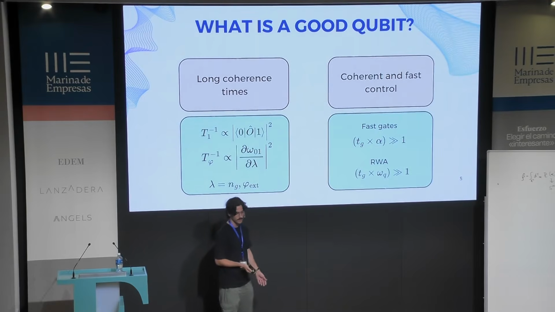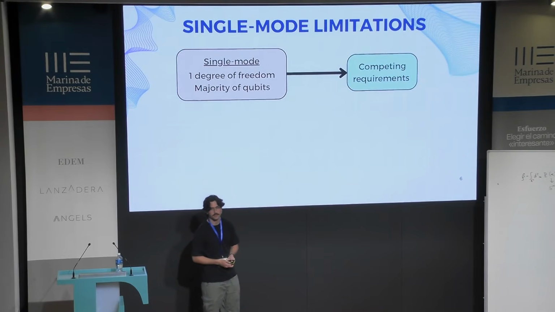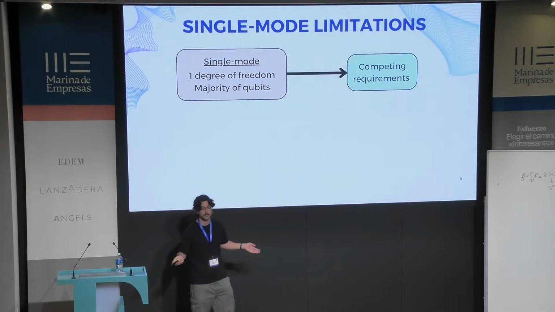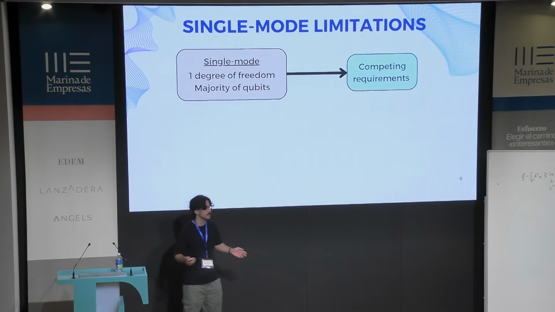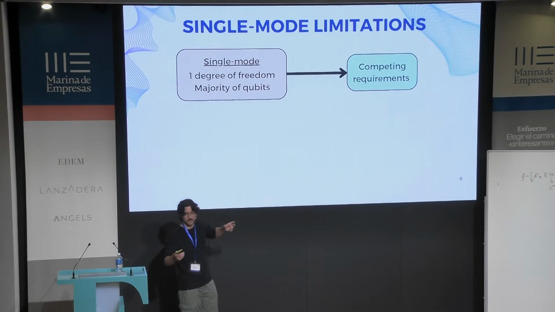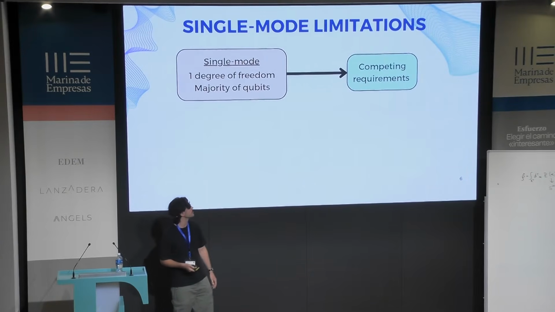Now, the vast majority of the current hardware is single-mode qubits, which have one degree of freedom, and that makes it basically impossible in the majority of the systems to address these two types of noise at the same time, the bit flip noise and the phase flip noise.